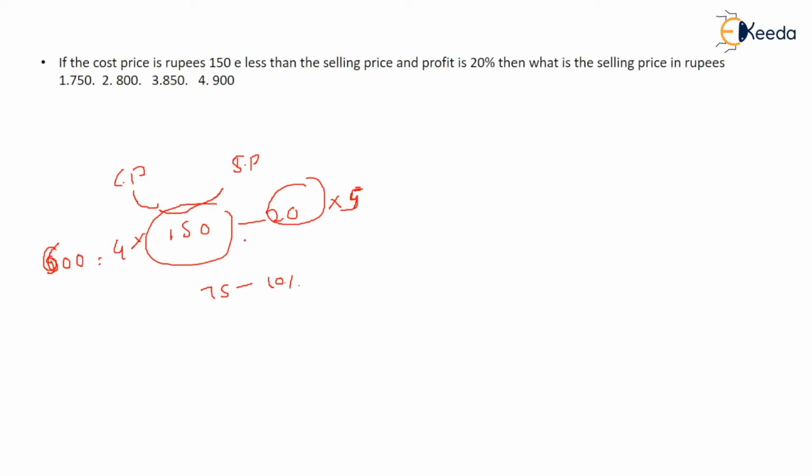So 150 into 5 comes out to be 750. So 750 is the cost price. You have to find out the selling price, which is 150 more. So adding 150, that comes out to be 900. So option number 4 is right.